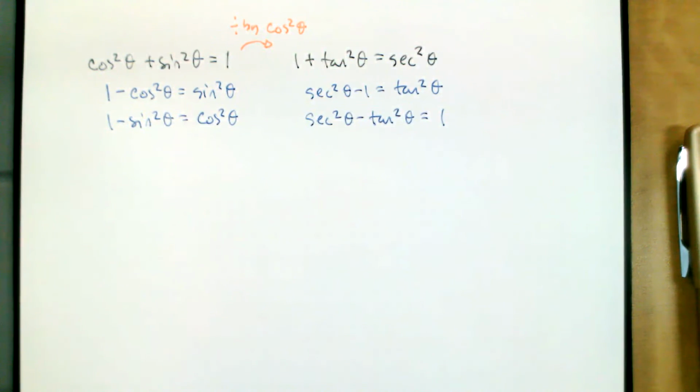Bringing us to 6 Pythagorean identities. Moving forward, these would be the 6 to know, but there is another.